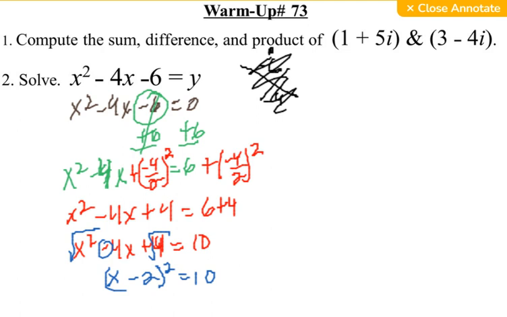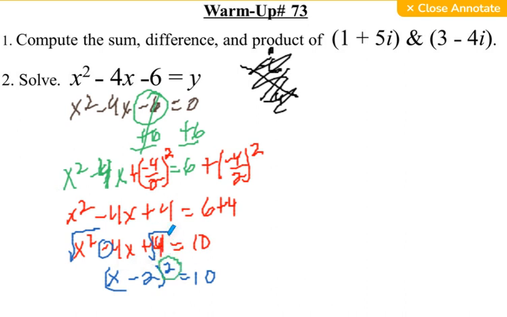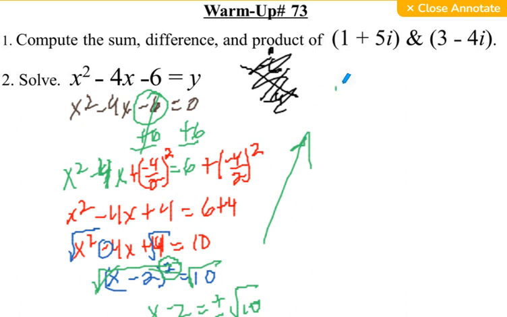Continue, Jose. What do I do? Square root to both sides. We end up with x minus 2 equals plus or minus square root of 10. I'm going to continue over here. We got x minus 2 equals plus or minus square root of 10. What do I do from there?